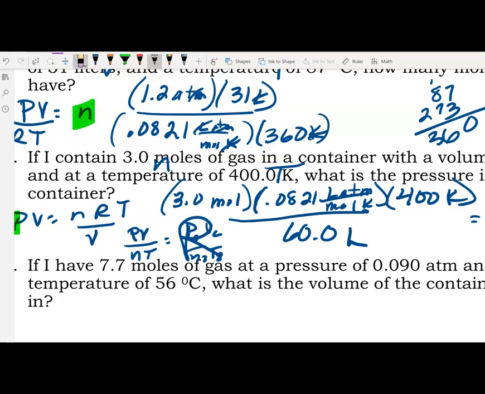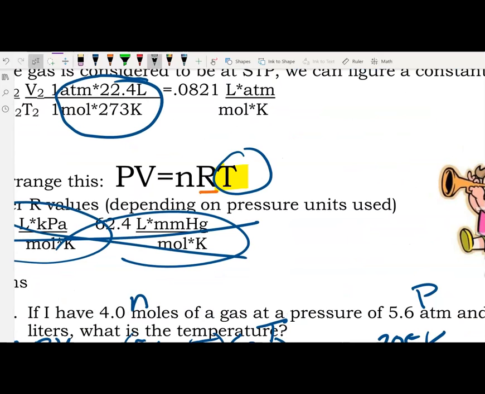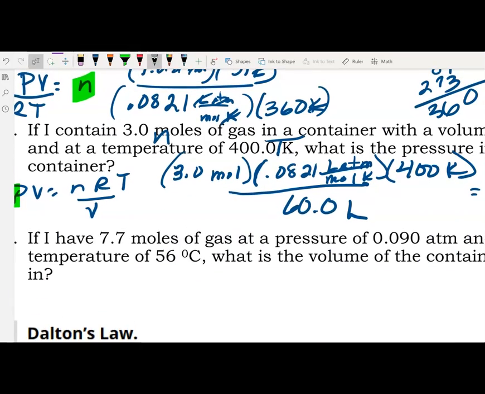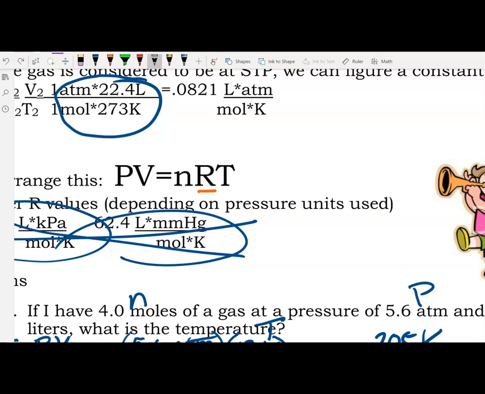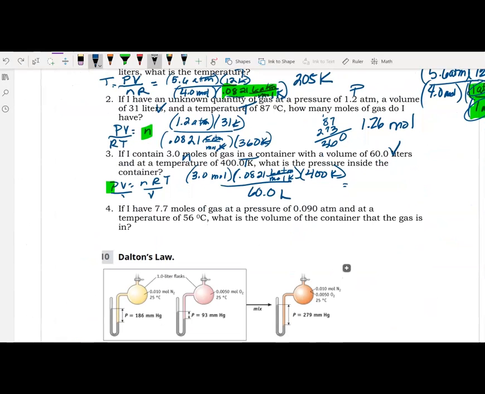You're always using the same equation of PV equals nRT. All I'm doing is figuring out what I'm solving for and trying to isolate it algebraically. Okay? So here, it wants me to tell you pressure. So if I'm going to solve for pressure, I have to divide both sides by volume, right?